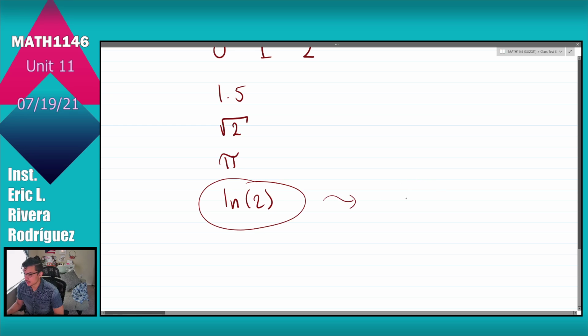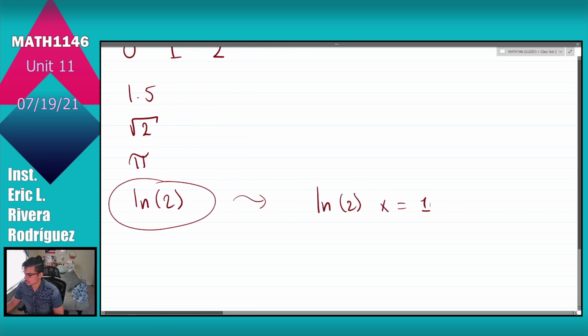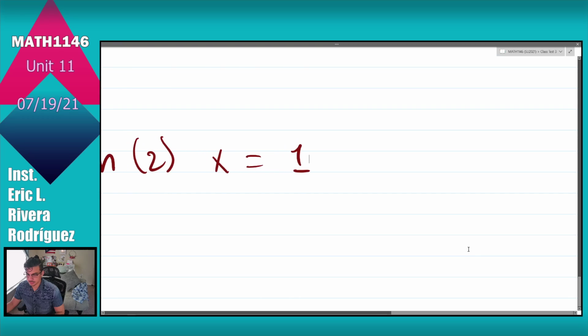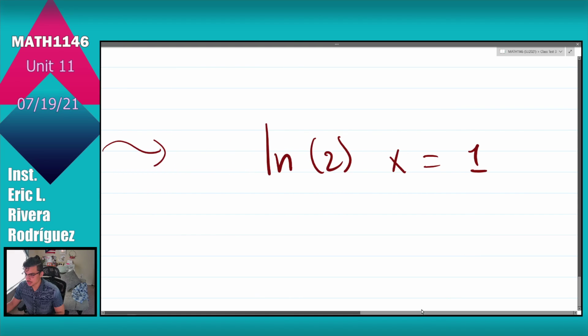You will get something like this. So natural log of 2 is just a number. And if we want to solve here for x, what we need to do is just divide both sides by natural log of 2.